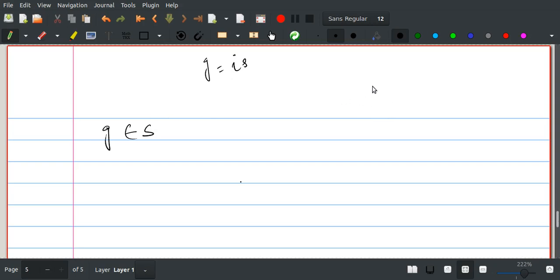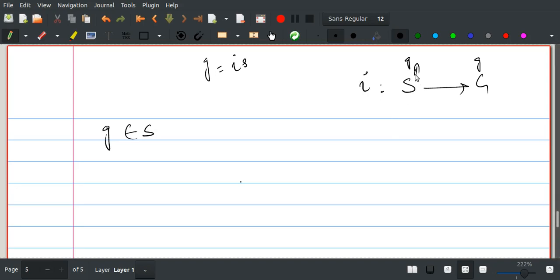Note that we have I, a map from S to G. Now this g is in G, and we are assuming that this g is in S as well.